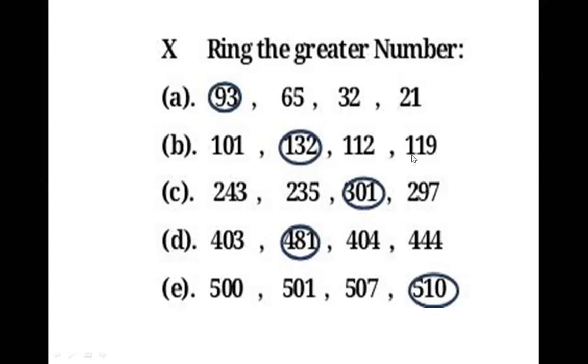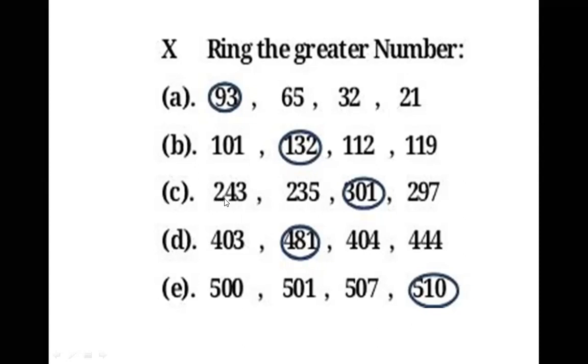Yes. Now what must you do? You have to check the second digit. Here 0, here 3, here 1 again, and here 1 again. Which is the bigger? 132, because 3 is bigger than the other numbers. So we must circle 132.